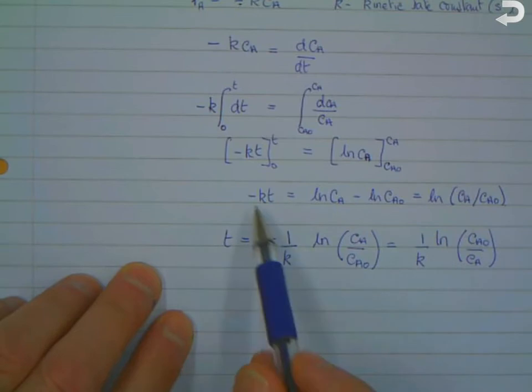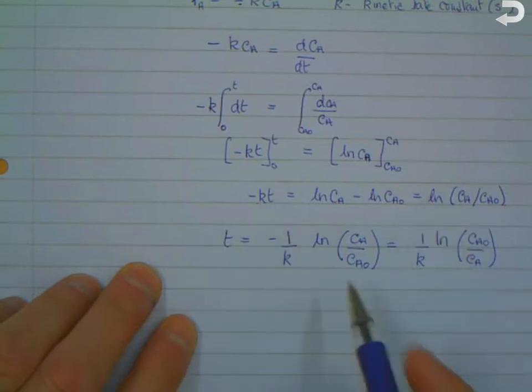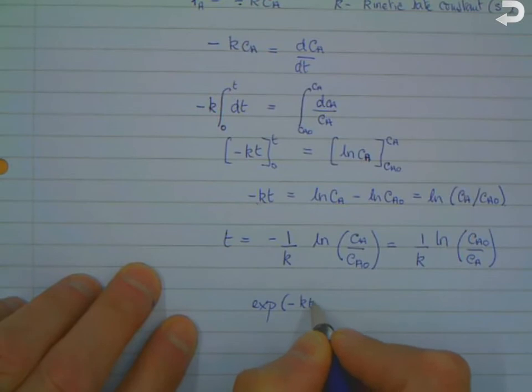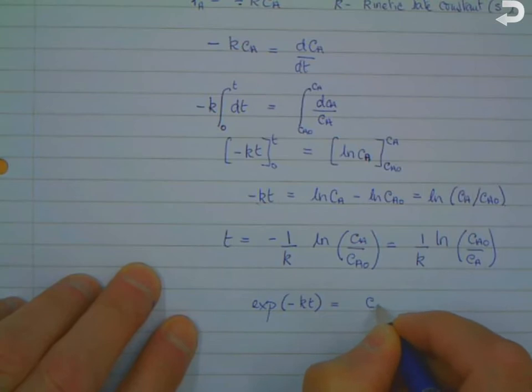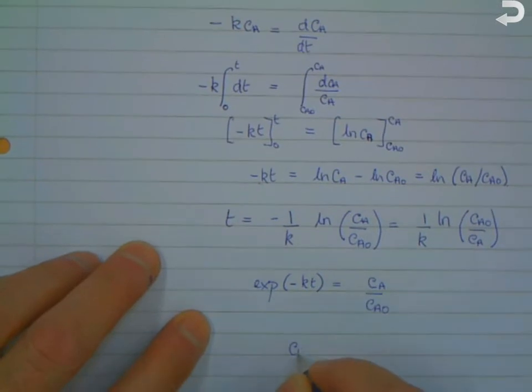You can go back up here though, and you could take the exponential of both sides of that equation in order to get rid of the log, and that gives you exponential minus Kt is equal to Ca over Ca naught, and that gives you that Ca is equal to Ca naught times exponential minus Kt.